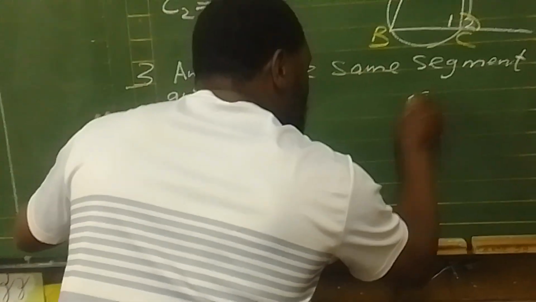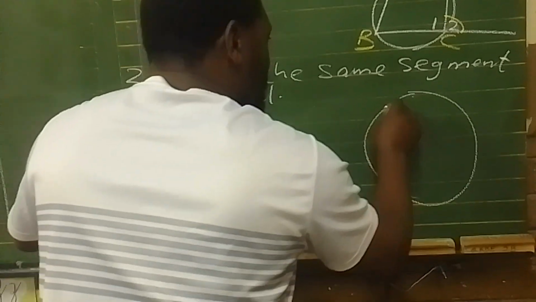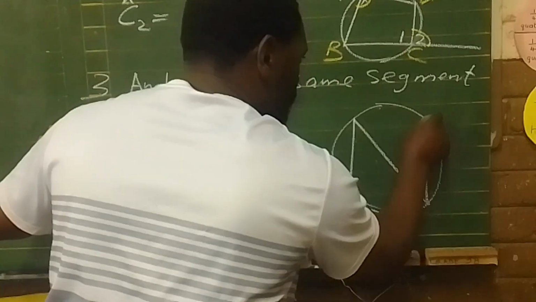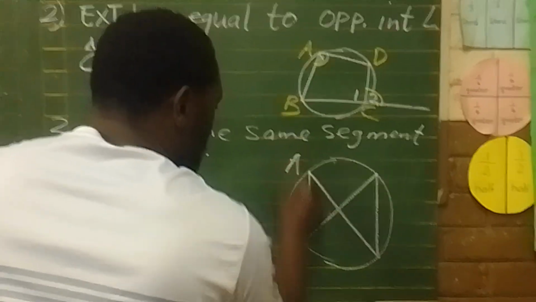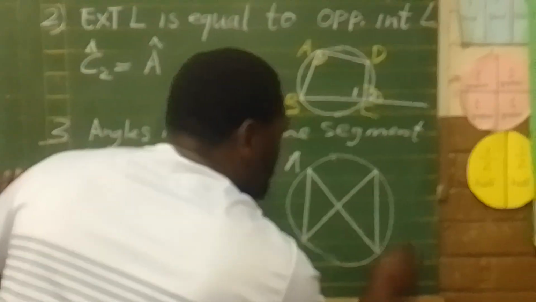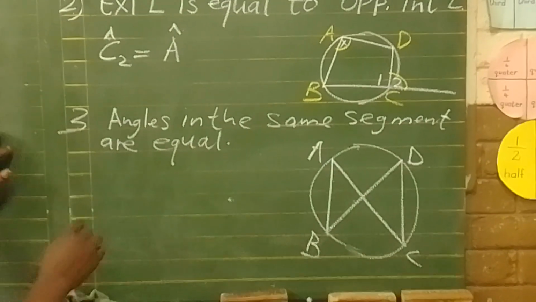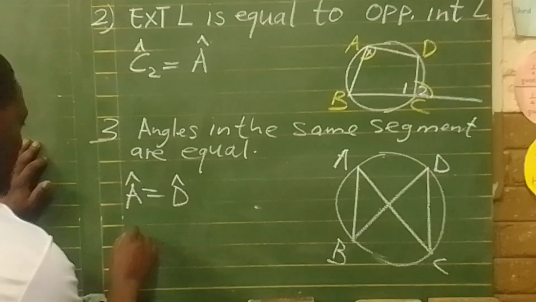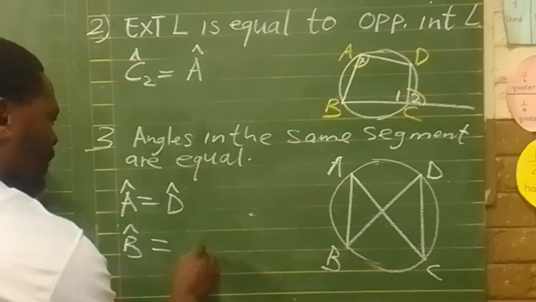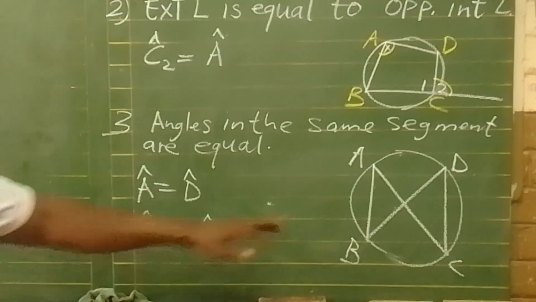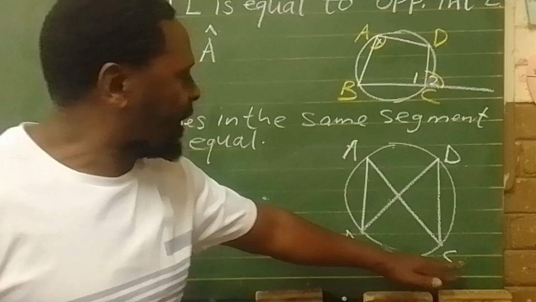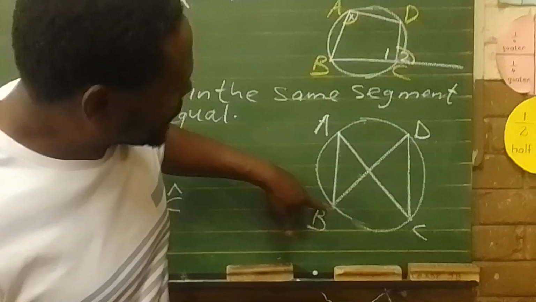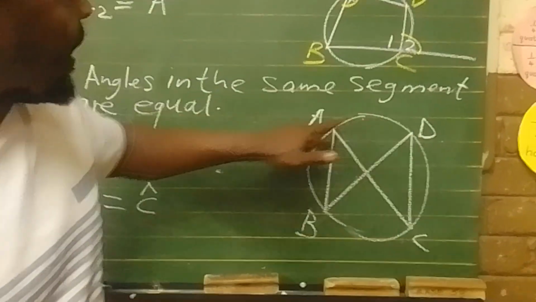The butterfly theorem says that, with A, B, C, D, angle A is equal to angle D. Angle B is equal to angle C. A is equal to D because it is subtended by the arc BC, or you can say chord BC. Angle B is equal to C because they are both subtended by the arc AD or chord AD.